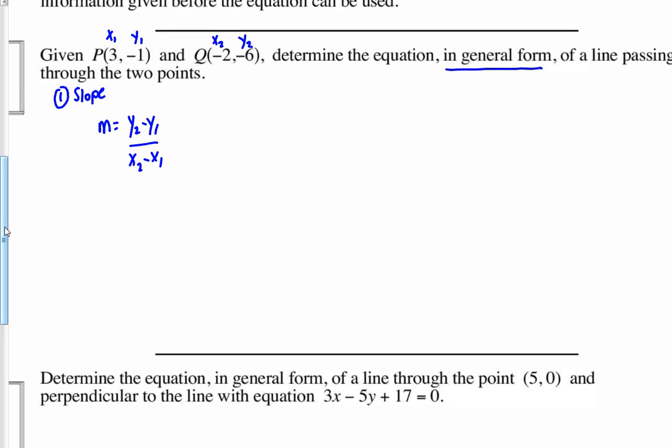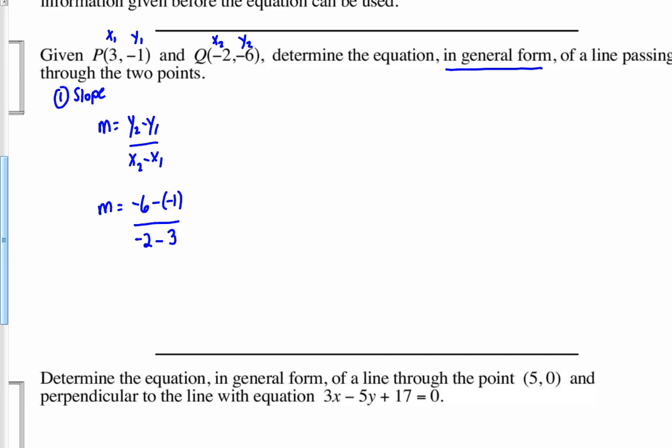Okay, so now we plug it in. Y2 is equal to, -6, we agree? Minus what? -1. So I'm going to put that in brackets because we're subtracting a negative, divided by -2 minus 3.